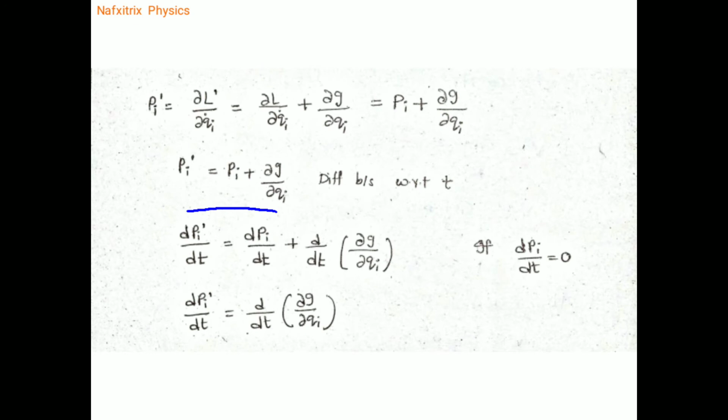Now again what we need to do is differentiate on both sides. In order to find whether p_i dash is conserved or not, we need to take this step.